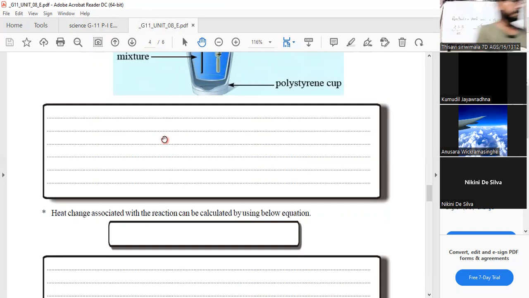Find the starting temperatures of HCl and NaOH.